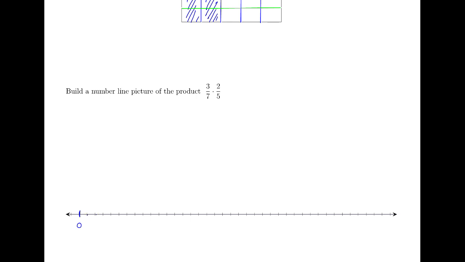So 1, 2, 3, 4, 5, 6, 7. There's 1/5. 1 through 7, there's 2/5. 1 through 7, 3/5. 1 through 7, 4/5. 1 through 7. That's 5/5 equals 1.